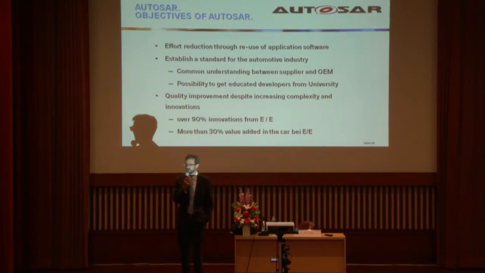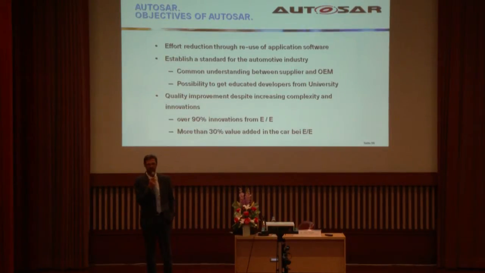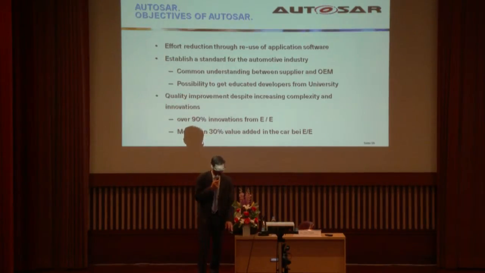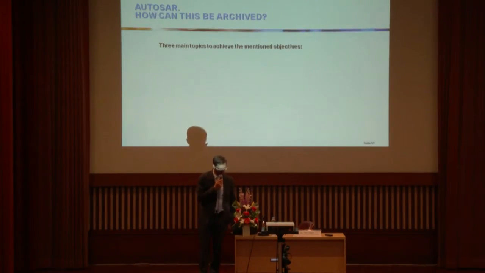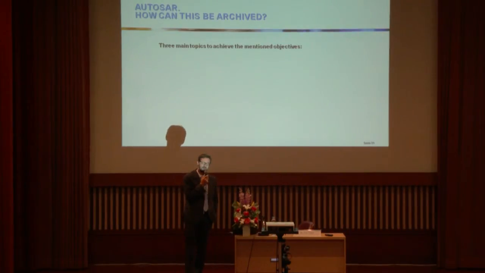So if you look at a car and say it's, let's say, $20,000 cost, then about $7,000 are spent in this car for software and electronics on average. Huge number. So therefore the idea was to have this automotive standard, and the question was how can it be achieved by using a standard?